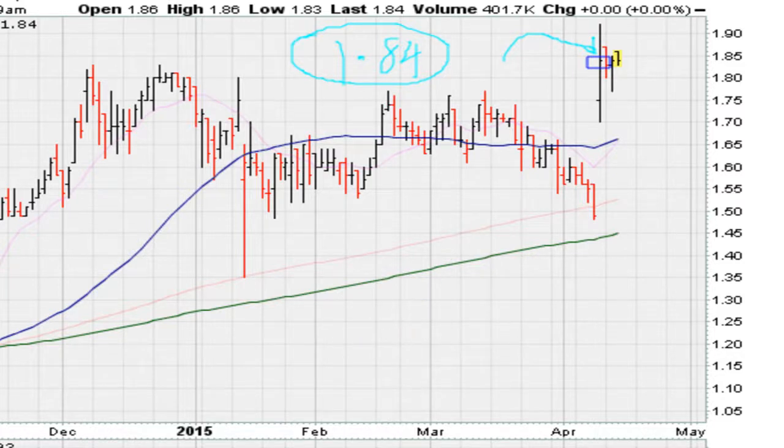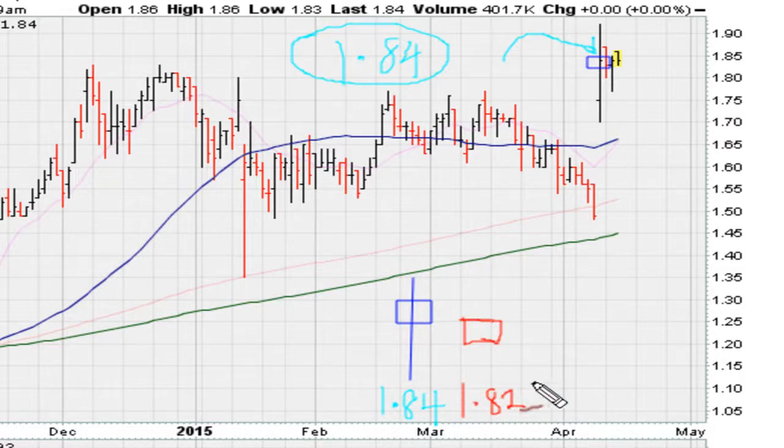So let me explain this. We closed here as an example. So that was day number 1. We closed at, let's call it, 1.84. Day number 2, we closed down. So let's just take a number here. Let's say we closed at 1.82.